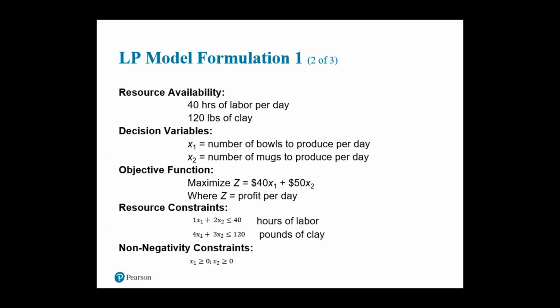Now, X1 and X2 are the decision variables. X1 can be 0, X2 can also be 0, but not at the same time. So we add a third constraint, which we call the non-negativity constraint, because if both of them are negative, you can't produce.